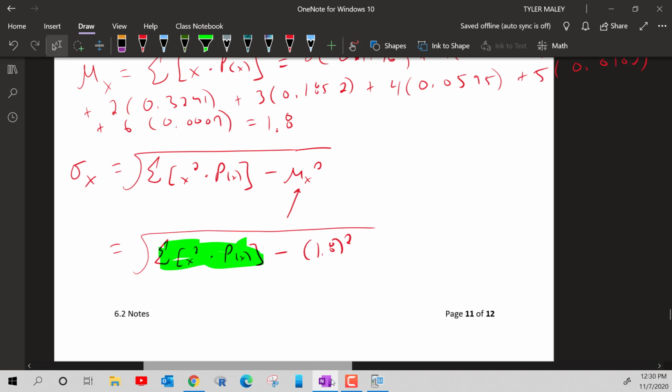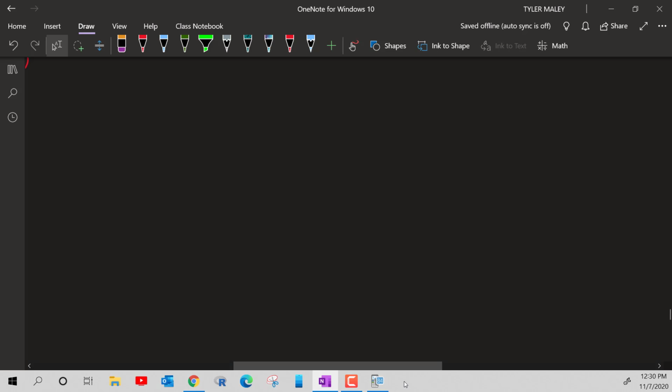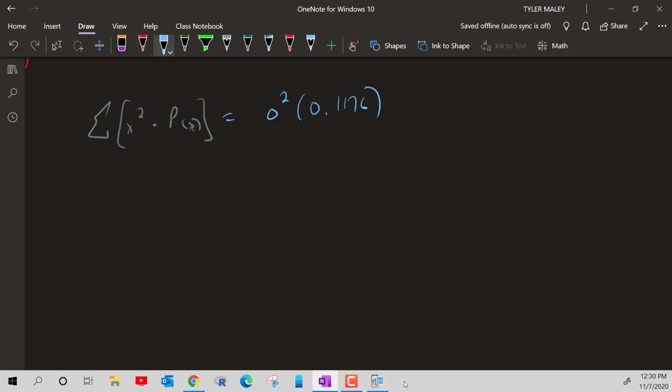So if I come off to the side, what I'm trying to compute is sigma x squared times probability of x. I need to calculate this part. So this would be equal to 0 squared times 0.1176 plus 1 squared times 0.3025. So it looks like the mean, except we're squaring the x value first.